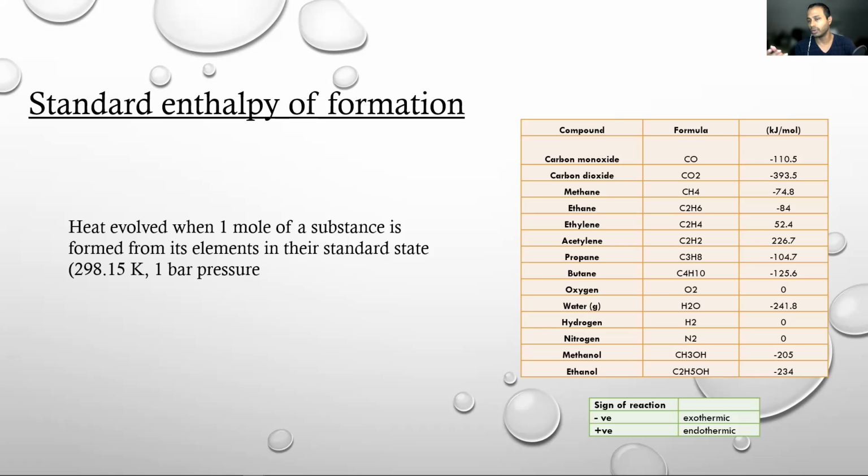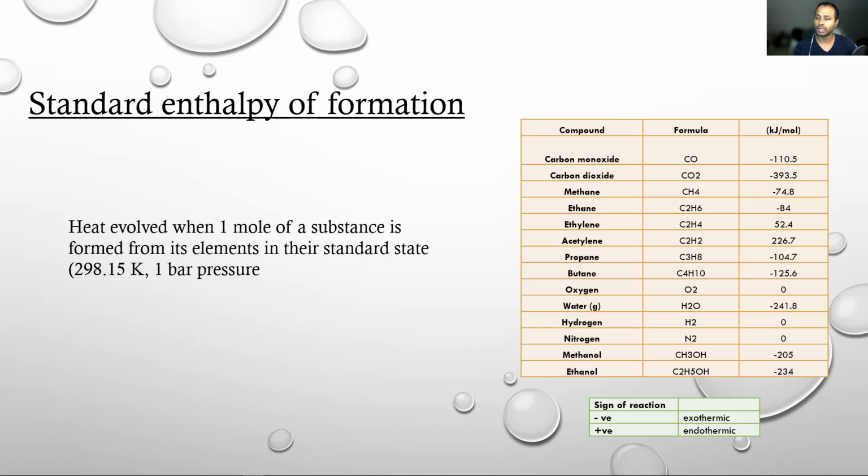So if we take CO, for example, carbon monoxide, the table says that if you take carbon element and oxygen element and combine to form carbon monoxide, it will release 110.5 kilojoules per mole of energy, and that will be known as the heat of formation of carbon monoxide. So the same thing goes for all of the other species.